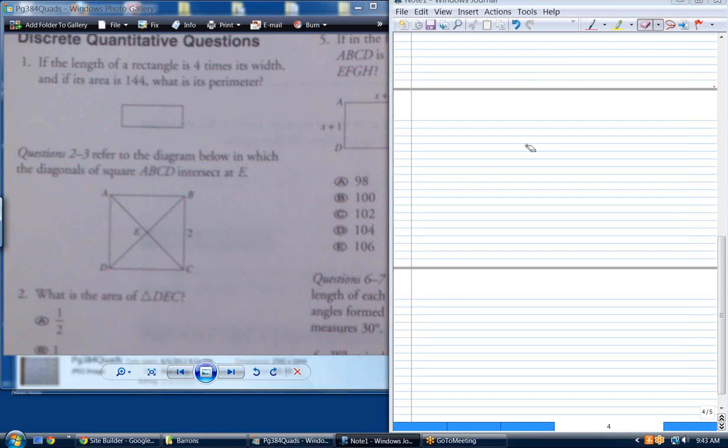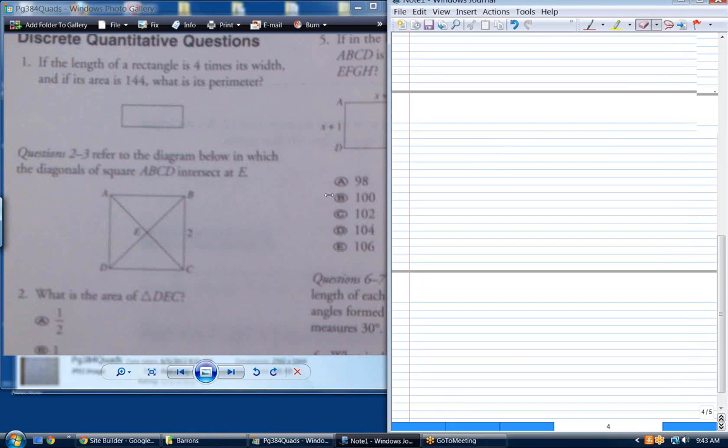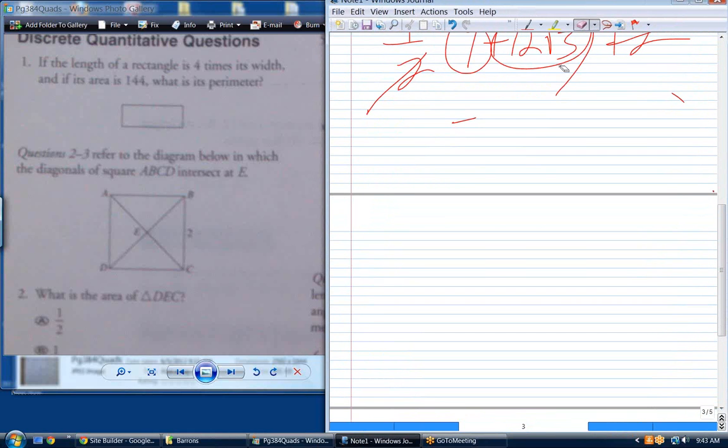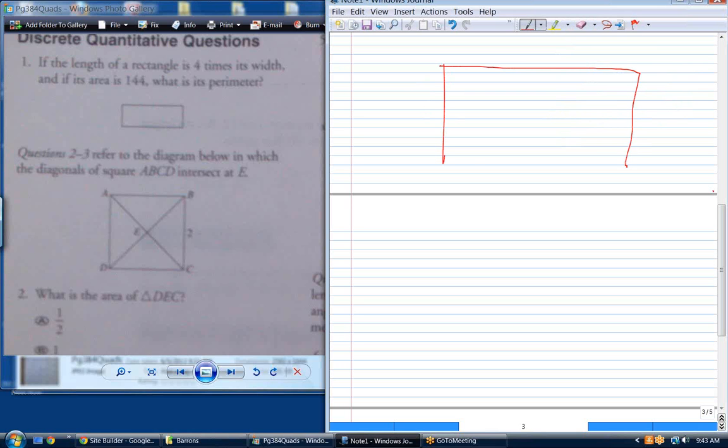If the length of a rectangle is 4 times its width, and its area is 144, what's the perimeter? Well, let's see. Area is length times width.